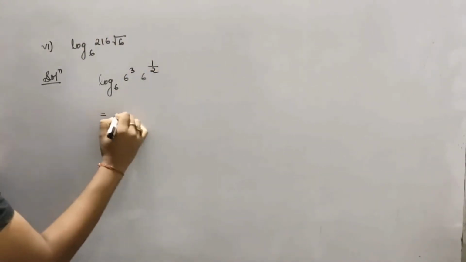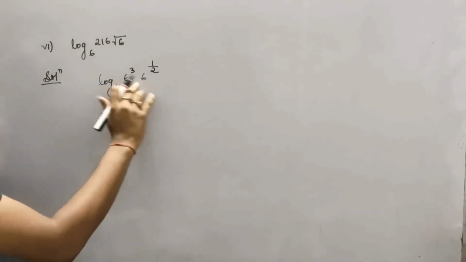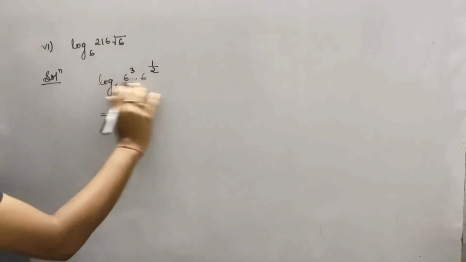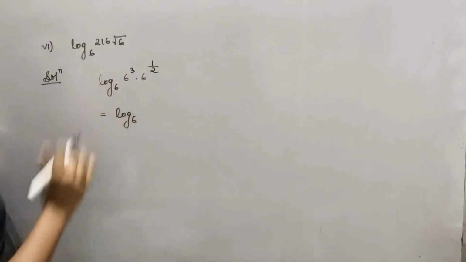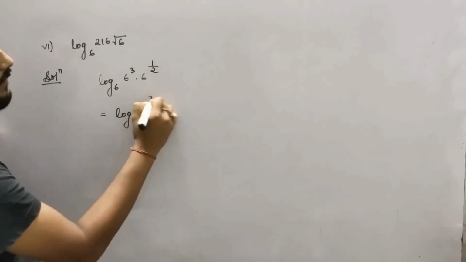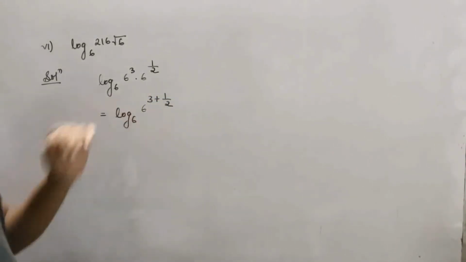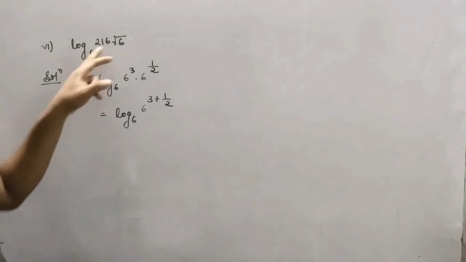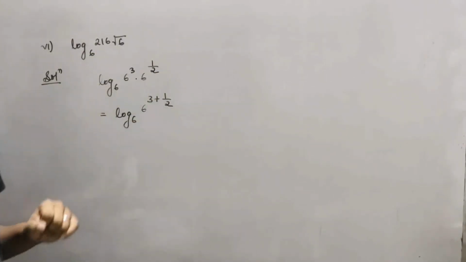So this implies log base 6. Now again you see over here, the base is same and they are multiplied: 216 into root 6, so 6 cube into 6 to the power half.